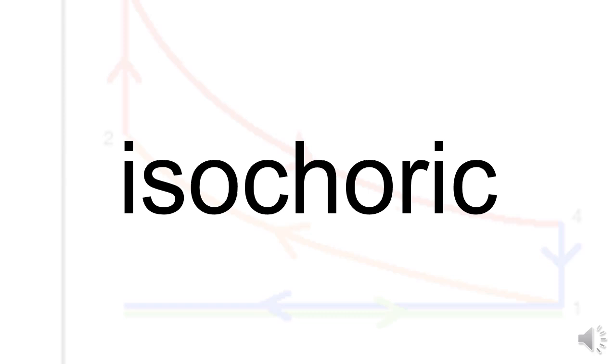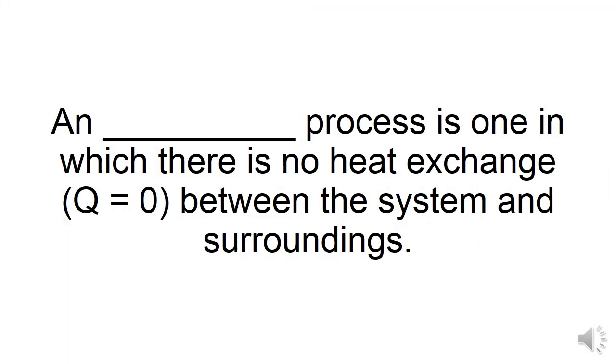A lot of people are familiar with the terms isothermal for no change in temperature and isobaric for no change in pressure. But when there's no change in volume, the process is said to be isochoric. And blank process is one in which there's no heat exchange. That is, the Q term in the first law goes to 0 between the system and the surroundings.